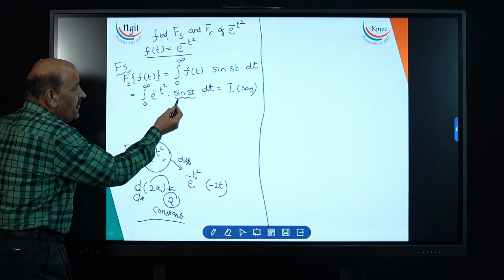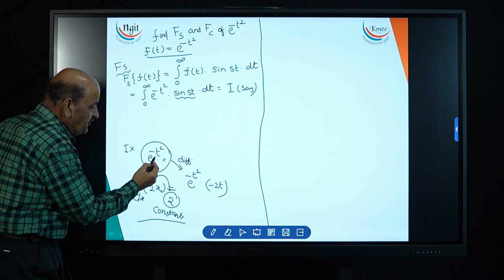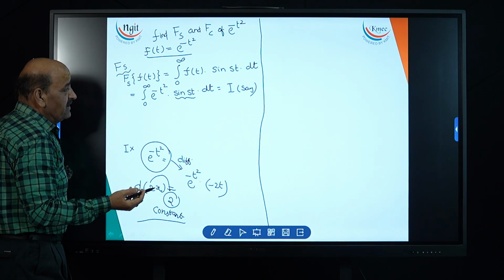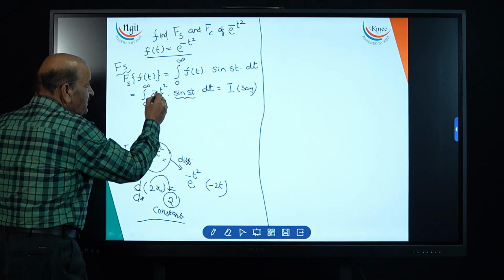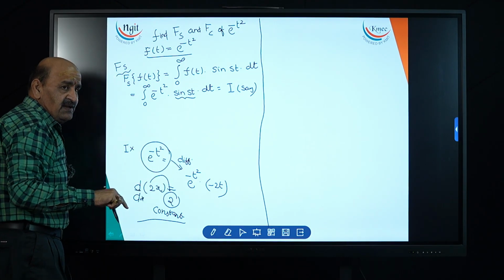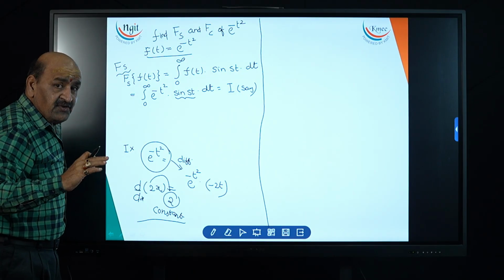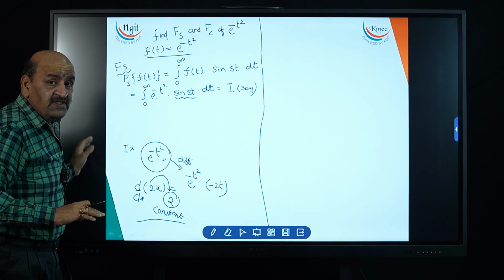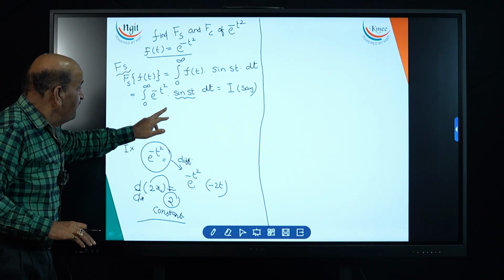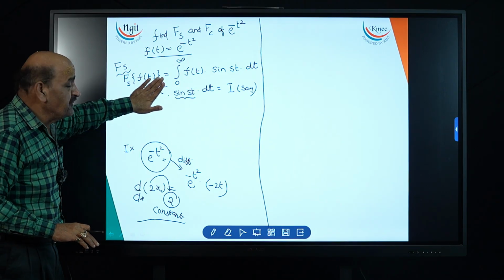Now just look at, we have to get small t in addition to this e power minus t square, then it will be integrable. How to make it? Here everything is with respect to t only. Here s is constant for this integral. If you differentiate this integral with respect to s, wherever there is s, all the remaining terms are constants, all t's are constant.